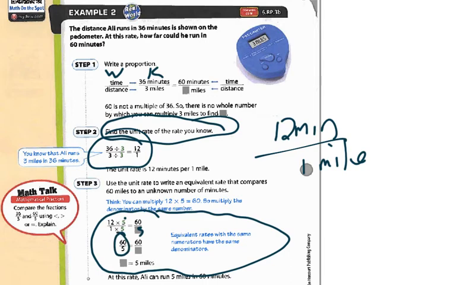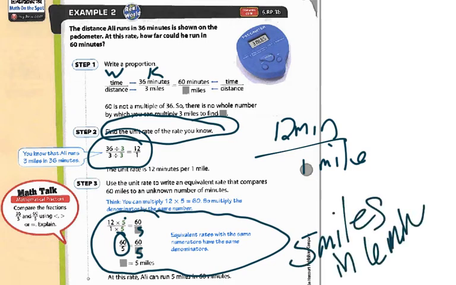So equivalent rates have the same numerator and the same denominator. So 60 over 5 is equal to 60 over 5, okay? So he's going to run 5 miles in 60 minutes, okay? That's what they want us to figure out.